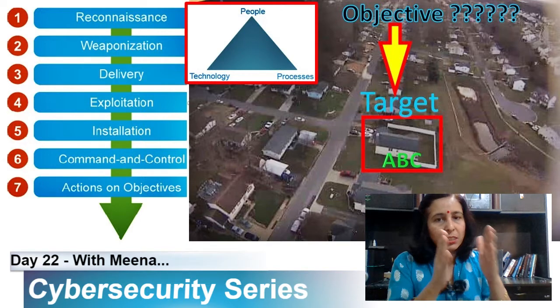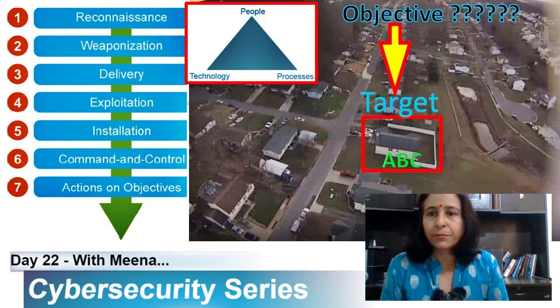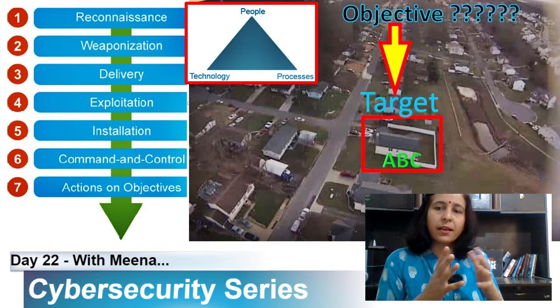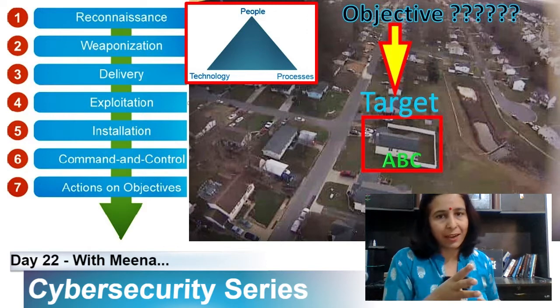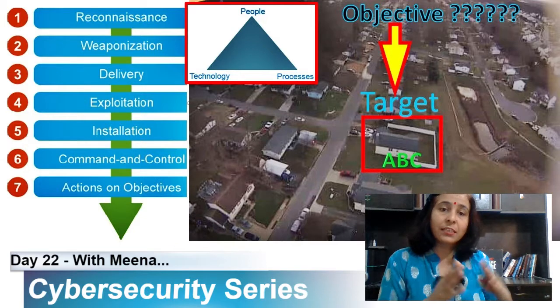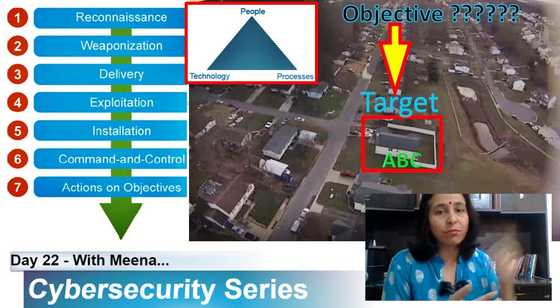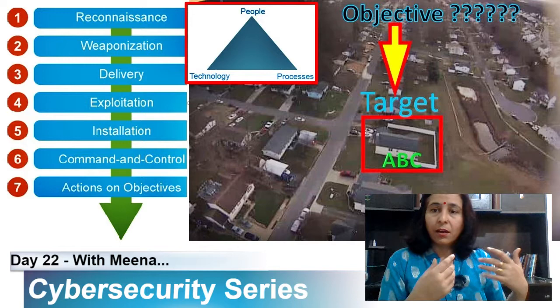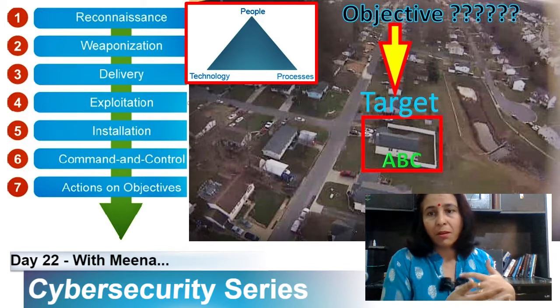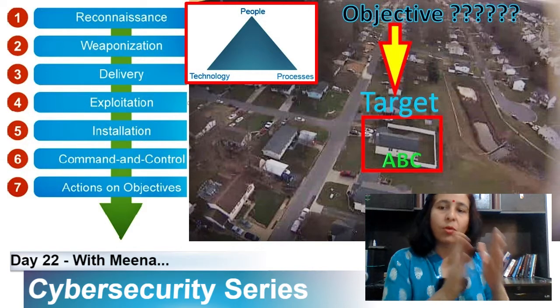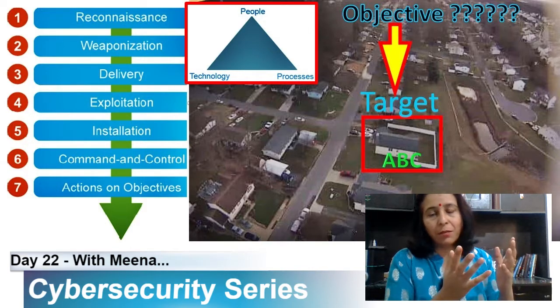Let's take an example. For example, there is a company ABC, and an attacker wants to perform an attack on company ABC. Their objective is to steal information from inside the company, which they can later sell in the black market and make money. So this is the motive of the attacker.